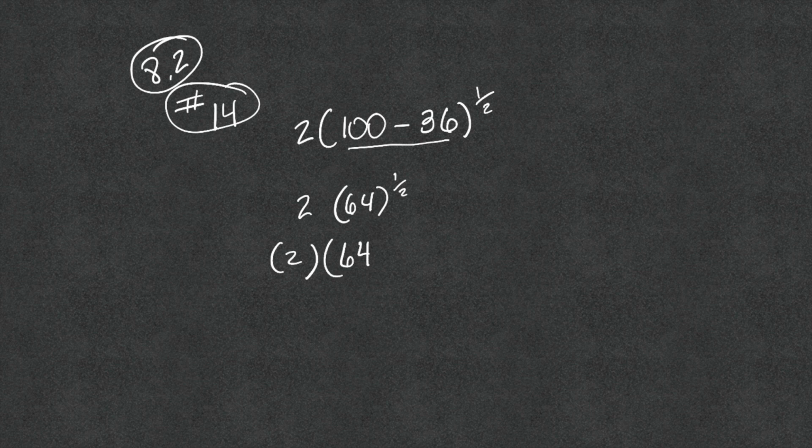The 2's over here. I'm going to put that 1/2 on the inside because it's just applying to the 64 now. Let me remind you that when we have a fractional part, this is n, okay, which is our index here.